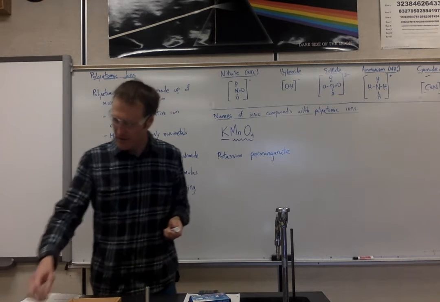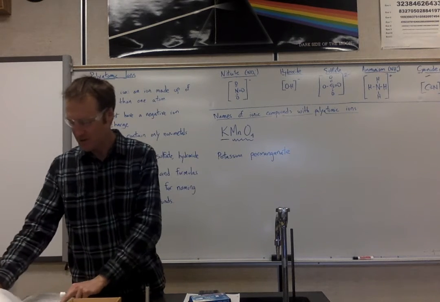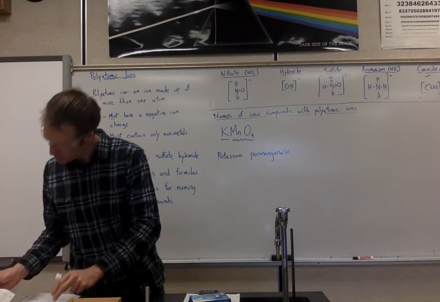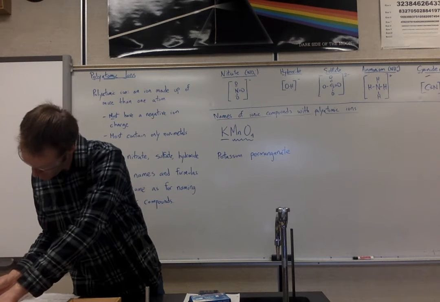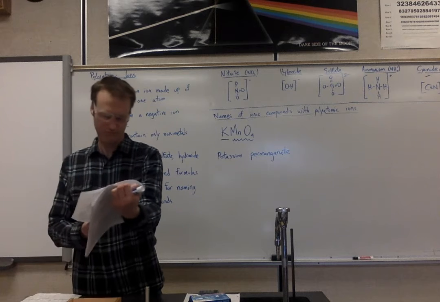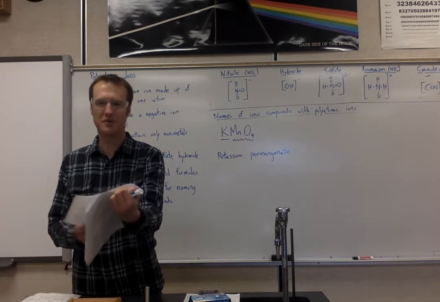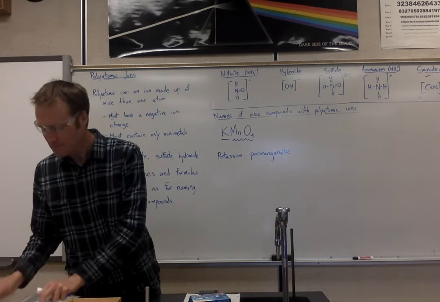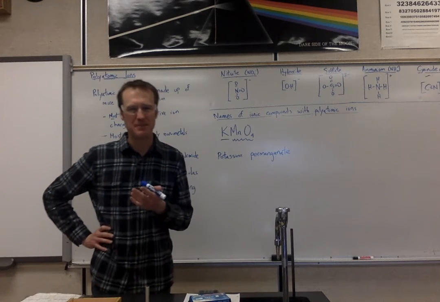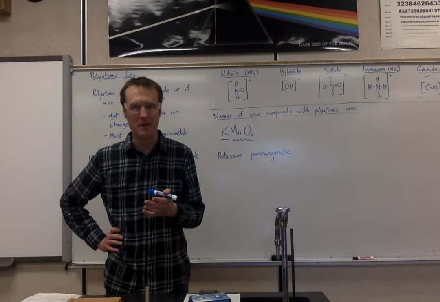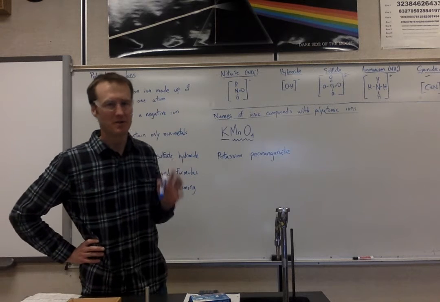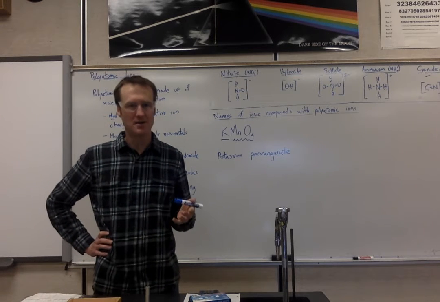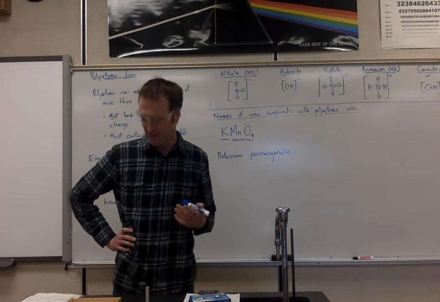In fact, if you look in the table for lesson 12, the first page of lesson 12, you're going to, I think, see permanganate. Totally didn't put it there. No big deal. There are even some exceptions to that. Sometimes you do name both metals, but I'm not going to go into that. I'm just going to tell you that there are some polyatomic ions that have got metals in them.